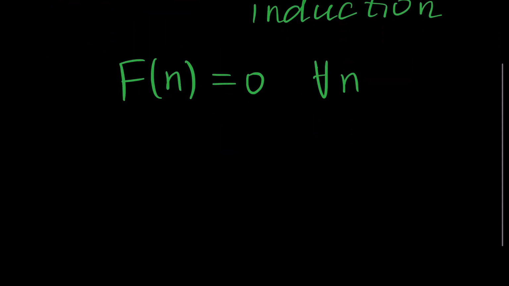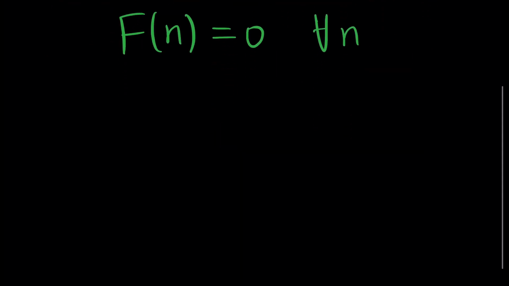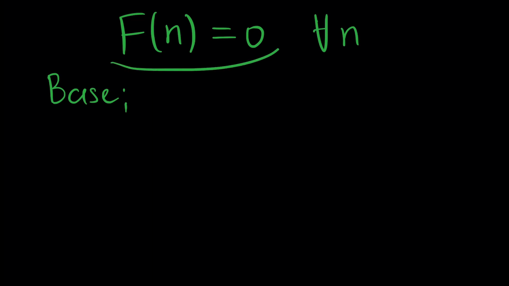For this, we have to, first of all, check the base of induction. This is called the base of induction. It means that we have to check this equality or inequality for some initial n, say for n equals 1.